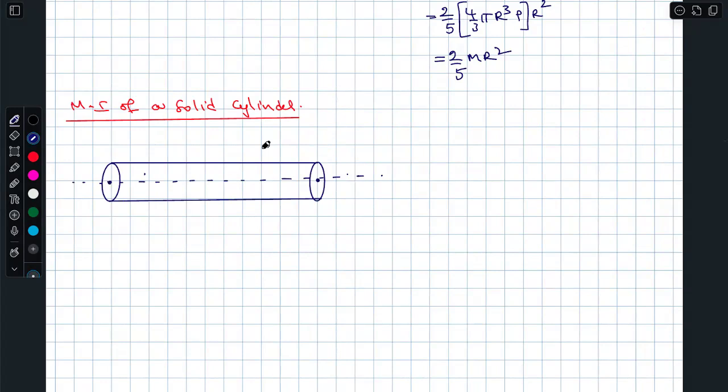Very simple. It is like a disk for me. About this axis, it is like a disk for me. Simply mr square by 2.